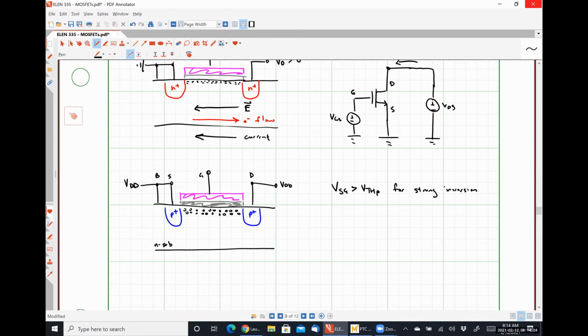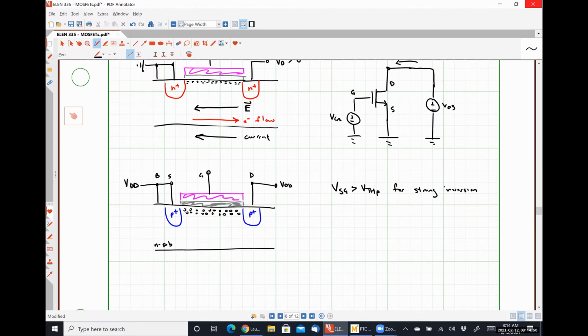And so I have a solid conducting path between the P plus region of the source and the P plus region of the drain that is connected by that excess of holes within the channel. So now I need to figure out what I need to do to cause current to flow in this guy. What did I do to have current flow in the NMOS transistor? A potential difference, and that's all I need here, right?